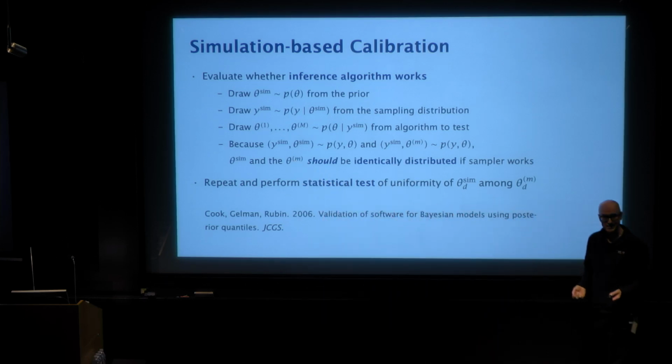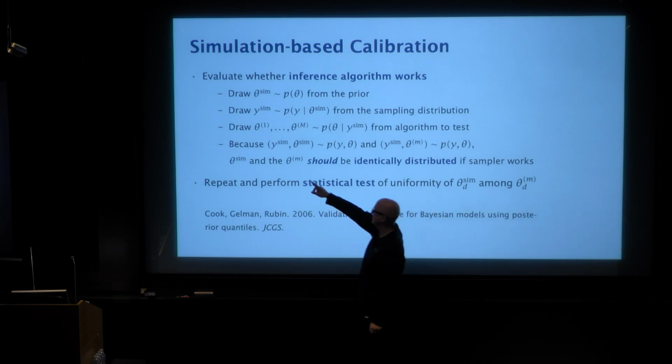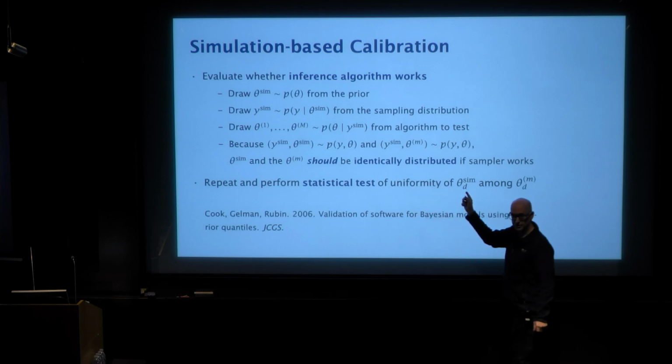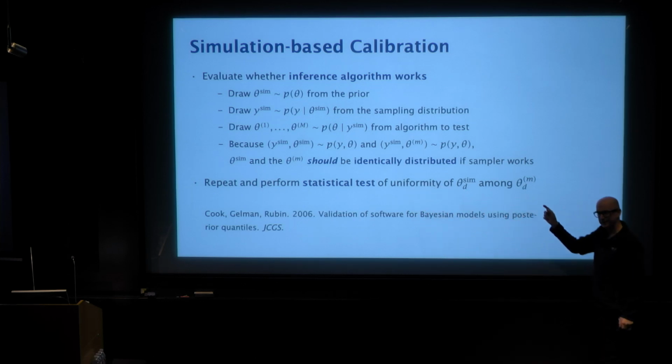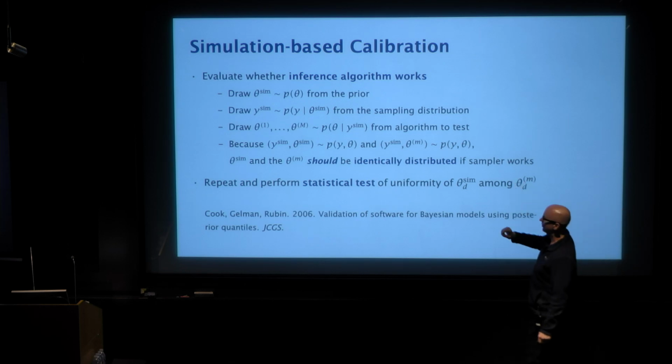What do we do to test that this is working? It turns out that theta sim and the theta m should be identically distributed, if everything's working correctly, conditioned on the data y sim.